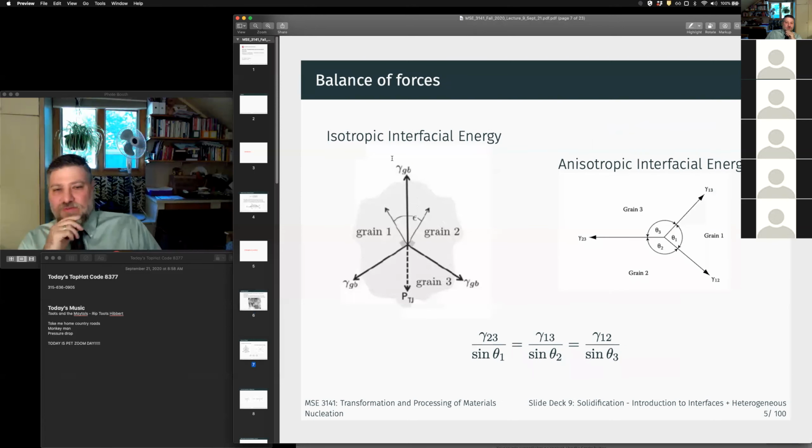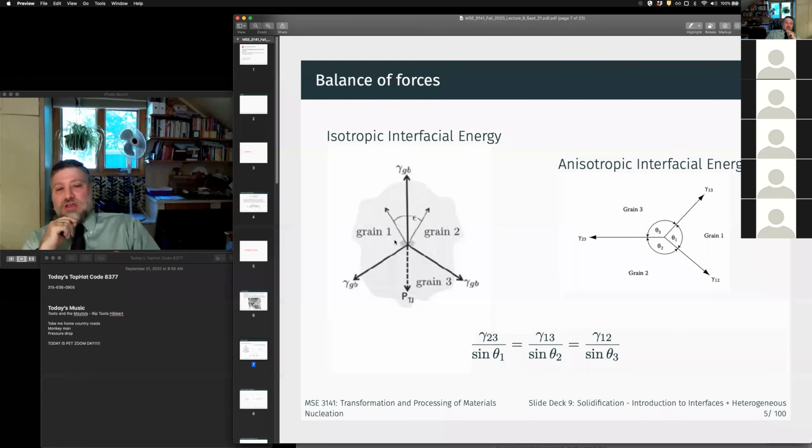So let's sort of formalize this a little bit, right? If we have three ropes and we pull on them with equal tension, we're going to have 120 degree separation between them, right? This is just balance of forces and balance of moments, right?